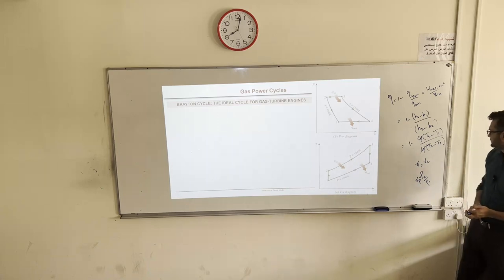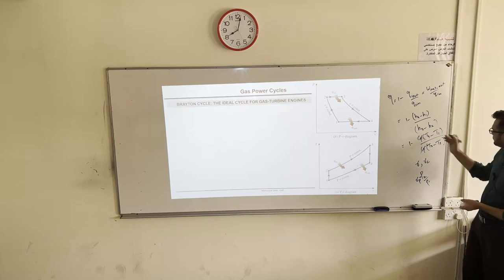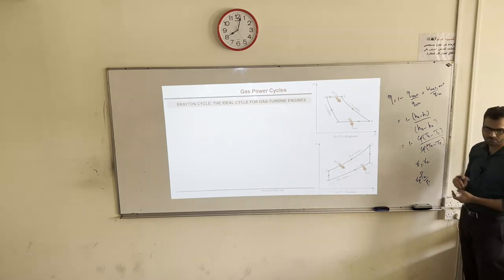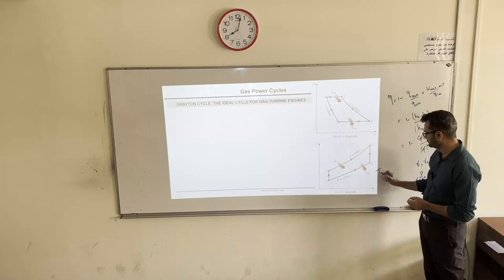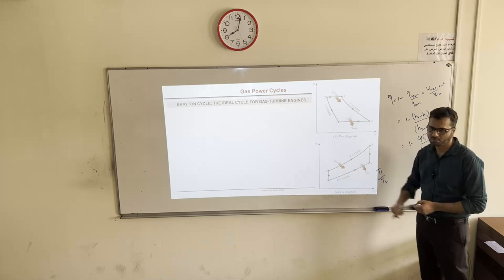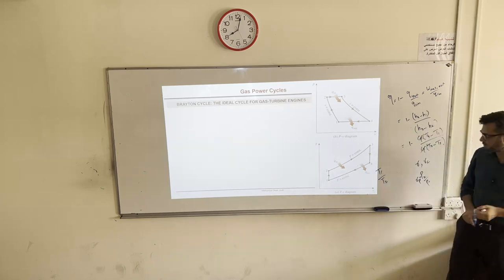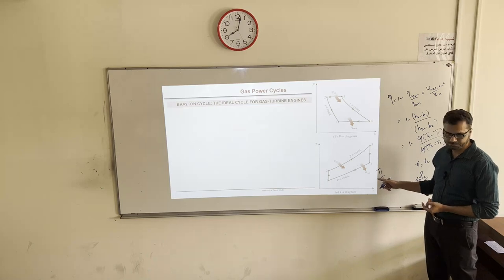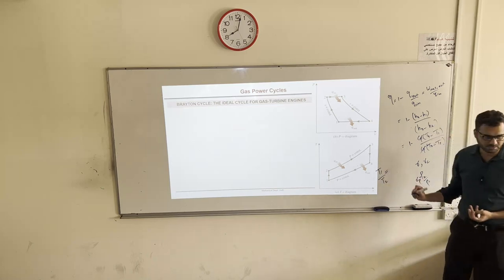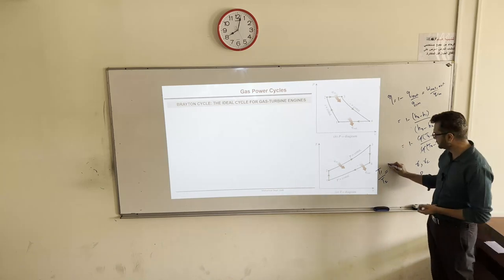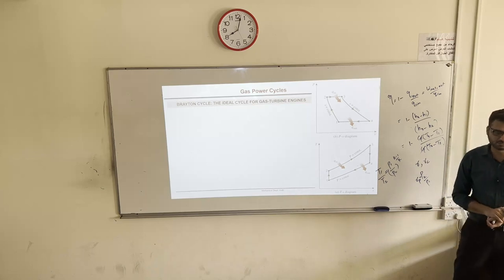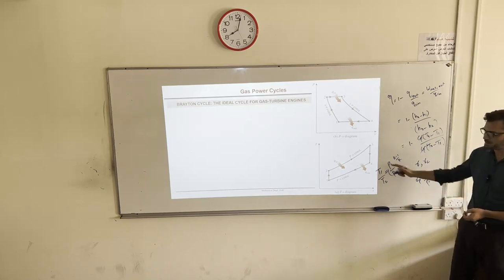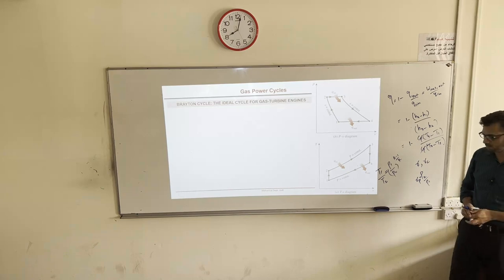Now let's do it here. If we take T1 out and T2 out from here, what is T1 over T2? It's an isentropic process, and for an isentropic process we know T1 over T2 is P1 over P2 to the power K minus 1 over K, if it is isentropic, ideal gas and constant specific heat.